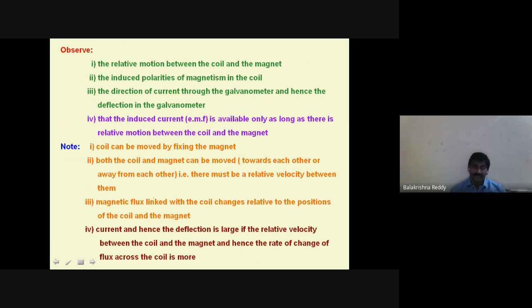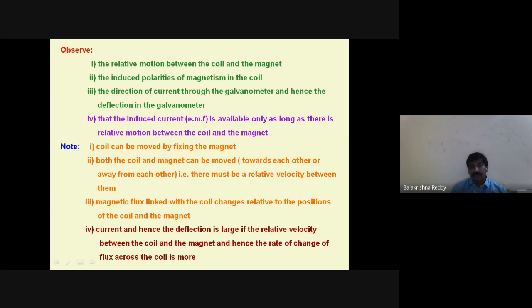Current and hence the deflection is large if the relative velocity between the coil and the magnet, and hence the rate of change of flux across the coil, is more.